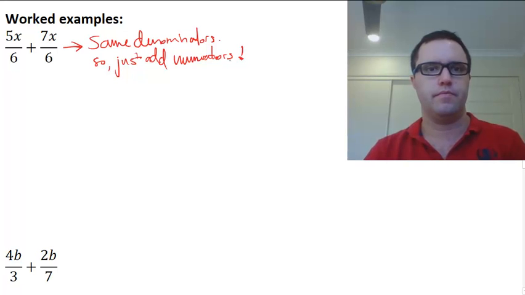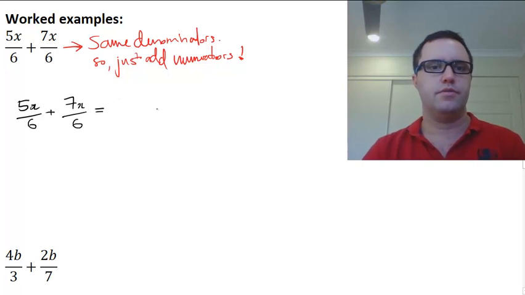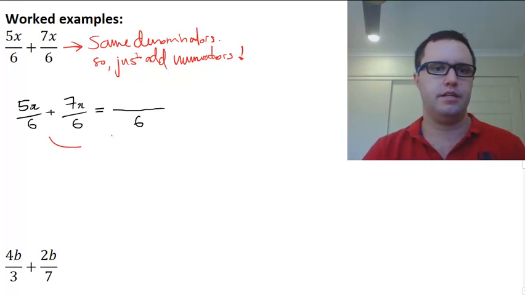Okay, so 5x over 6 plus 7x over 6 is equal to, now remember we keep our denominator the same. If it's 6 here, it's 6 here. Then on the numerator, we're just adding our numerators together, so we'll get 5x plus 7x.